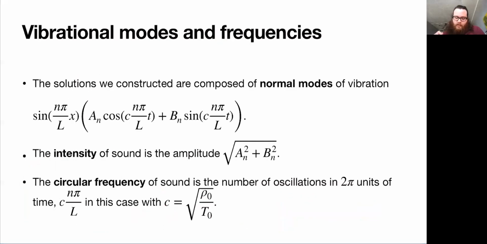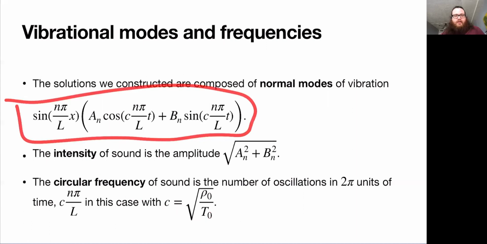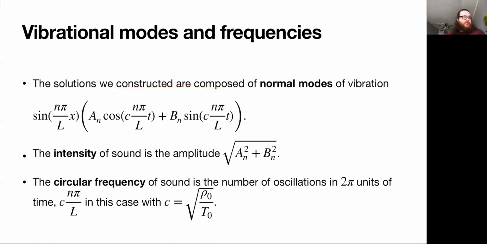Okay, so right, the observation is that the solutions that we've constructed, what are the building blocks that go into everything? Well, the building blocks are these pieces, right? So for each n, we get a term like this that shows up in that superposition, where we've chosen to factor out the sine of n pi over L x.